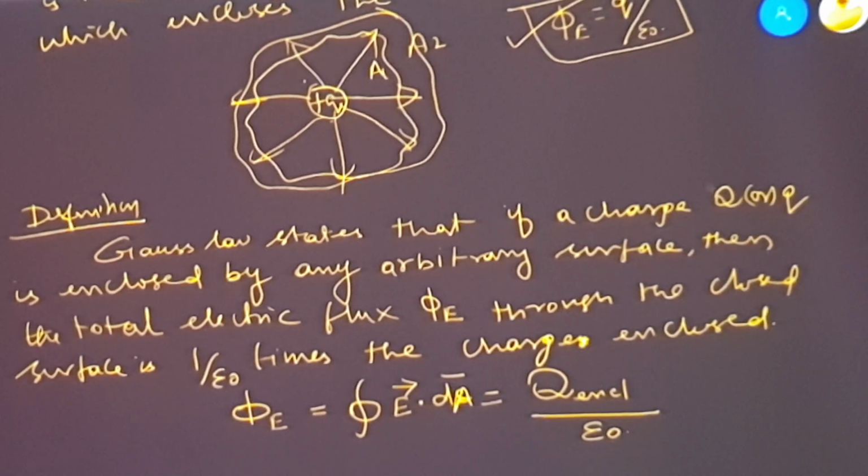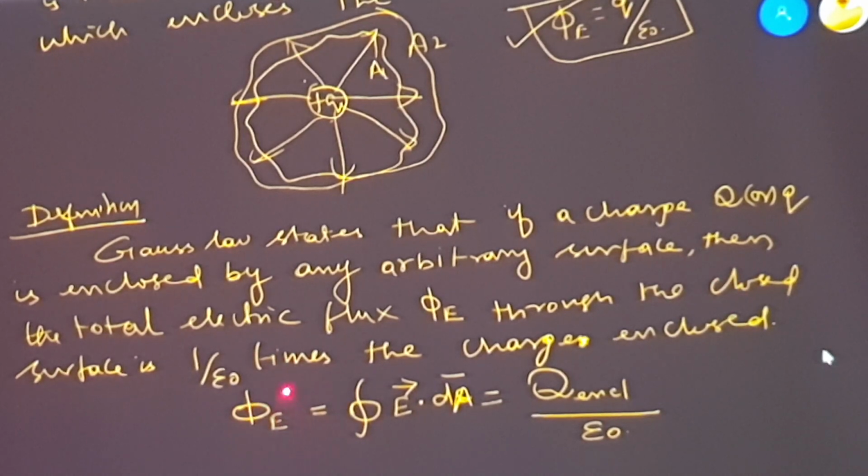So the Gauss law can be stated as: if a charge Q is enclosed by any arbitrary surface, then the total electrical flux represented by phi of E through that closed surface is always equal to 1 by epsilon 0 times the charge enclosed.